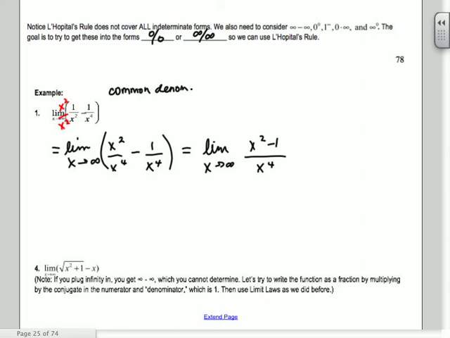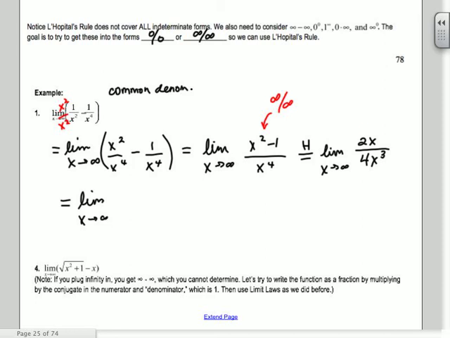Okay, so now is it in that form? Do you guys see how it's infinity over infinity? So that means we can use L'Hopital's rule. So when I do that, I get the limit as x goes to infinity of 2x over 4x cubed, which reduces down, so you don't really have to use L'Hopital again yet.